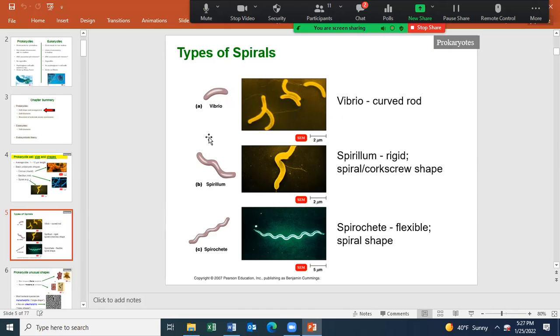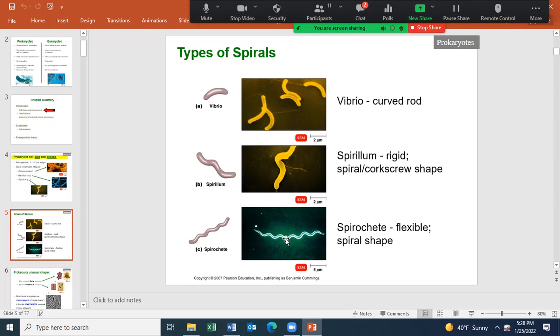Like you can have a vibrio, which is a curved rod, and then you can have a spiral, and then there's one with many spirals, and we call this a spirochete. These cells are a little different from a spirillum. In the spirillum, the cell wall is fairly rigid, whereas in the spirochete, the cell wall is flexible.